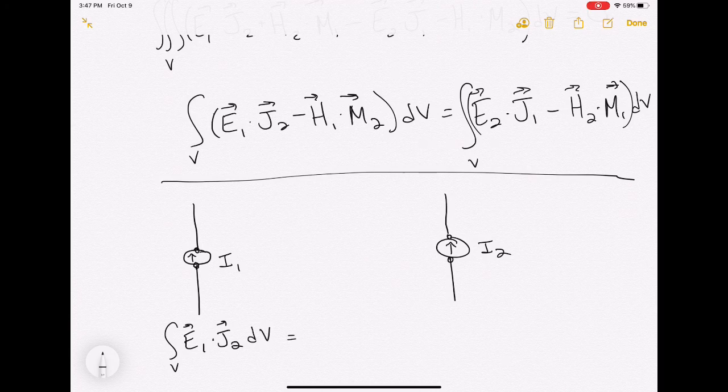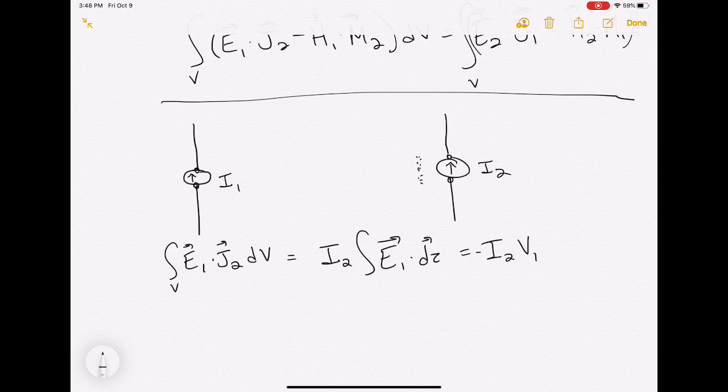It's just going to turn out to be I2 times a line integral over the width of this gap of E1 dot dz, let's say this is all z directed. So we got I2 V1 because that's how you calculate a voltage. Well, I believe actually we'd have a negative sign there.